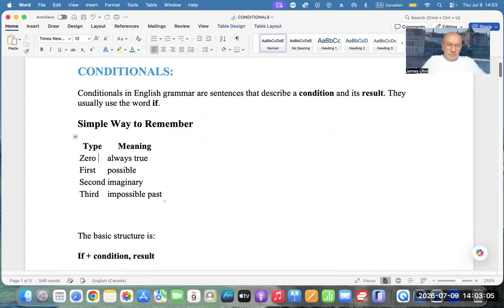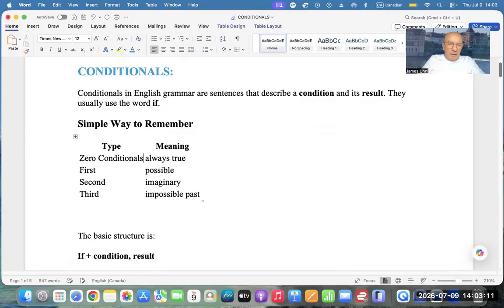Zero conditionals, then there is first conditional. First conditionals, second conditionals, and third conditionals.